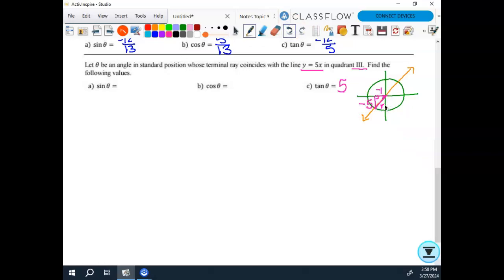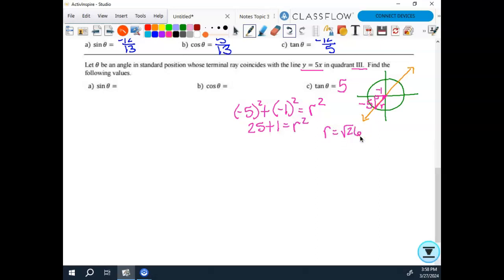So I can do the Pythagorean theorem, negative 5 squared plus negative 1 squared equals r squared. So that's 25 plus 1 equals r squared. So that means r is the square root of 26.